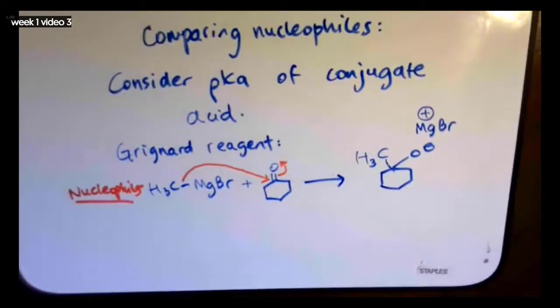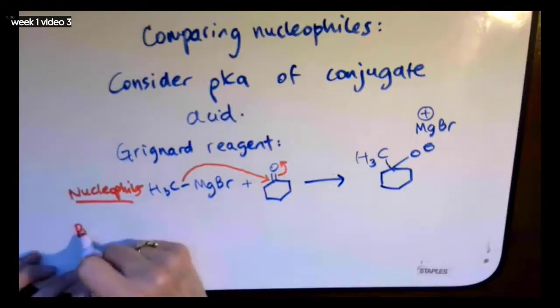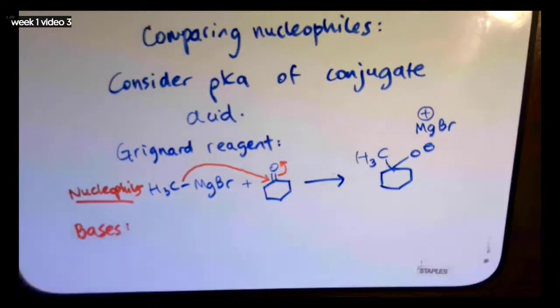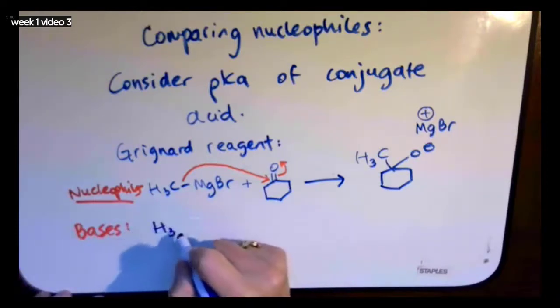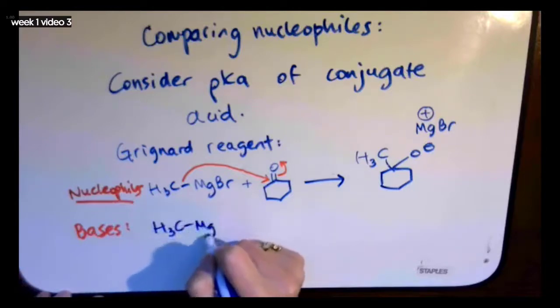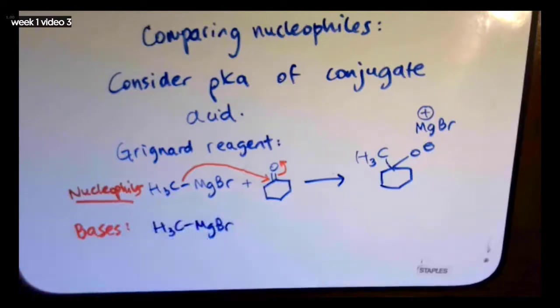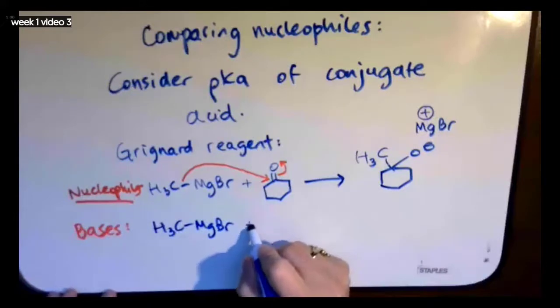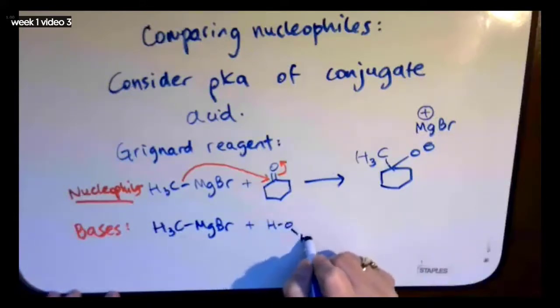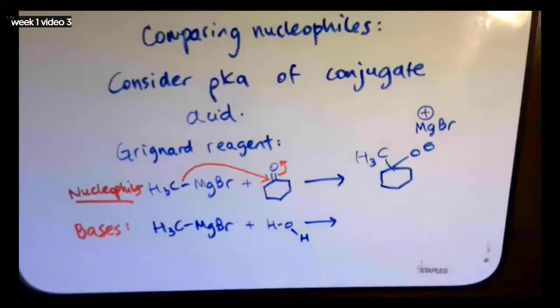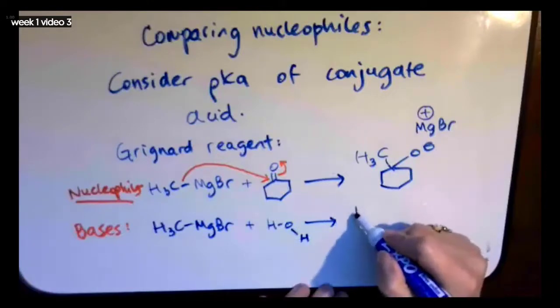And all that means is they can give up a lone pair of electrons to something that's electrophilic. That's not very different from giving up a lone pair to a proton, right? So if you take a Grignard reagent and you treat it with water, what do we get?